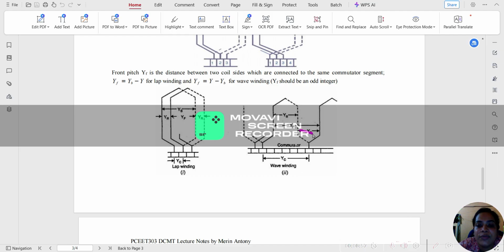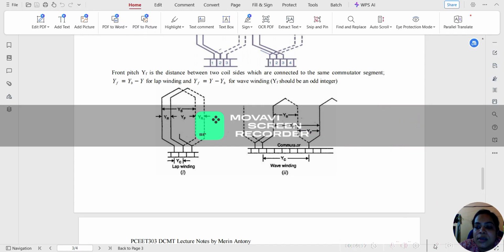That is called the front pitch. What is meant by resultant pitch? In the case of wave winding, resultant pitch is the summation of back pitch and the front pitch. It is the sum of back pitch and the front pitch in the case of wave winding.